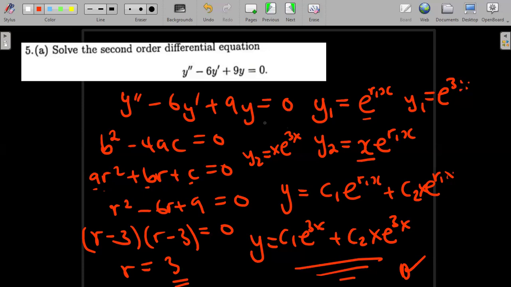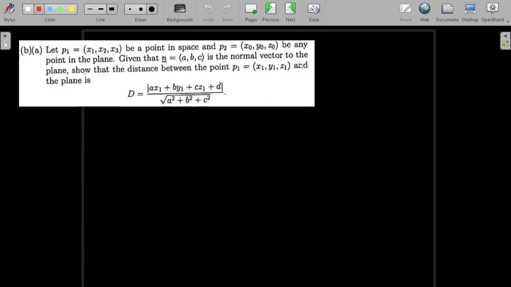So then the next one, you have this here. The next one says, let P1 equal to x1, y1, z1, be a point in space. There was an error here, this has to be x1, y1, z1, like that.